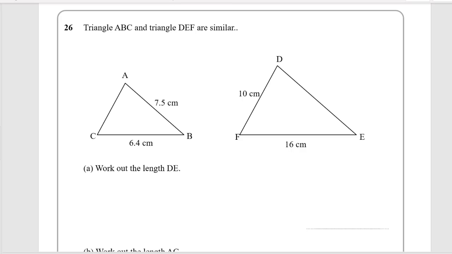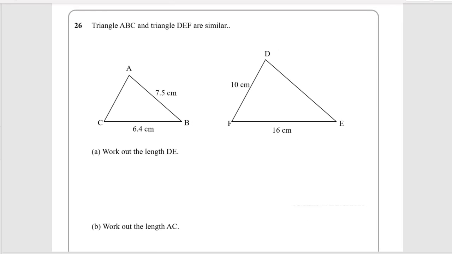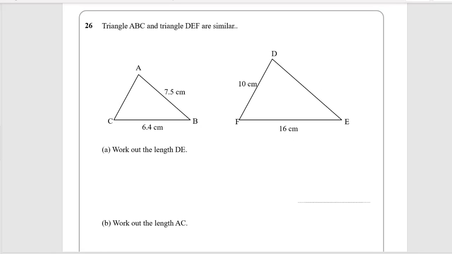Next we have a similar shape question. Now when it comes to similar shapes, straight away the first thing that comes to my head is scale factor. So triangle ABC and triangle DEF are similar. Work out the length of DE. So we need to work out the length of DE, this length here. Before we do that, we need to find the scale factor.